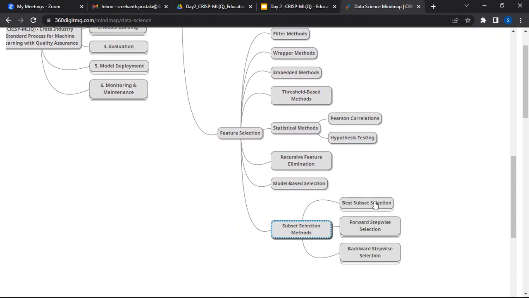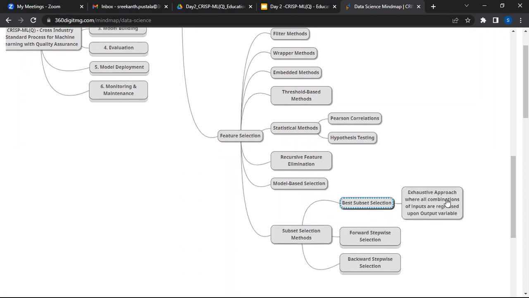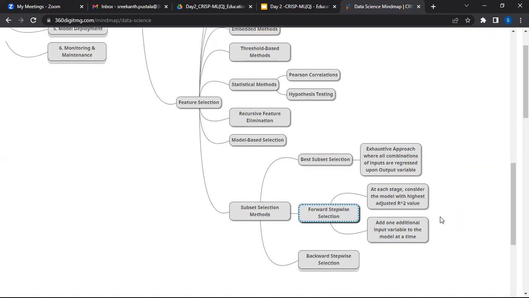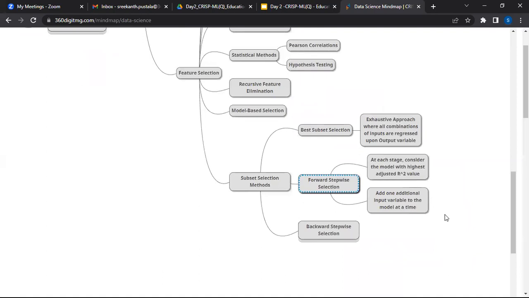Again, in best subset selection, we have an exhaustive approach where all combinations of inputs are regressed upon output. When we look into forward stepwise selection, at each stage, consider the model with the highest adjusted R square value and add one additional input variable to the model at a time.